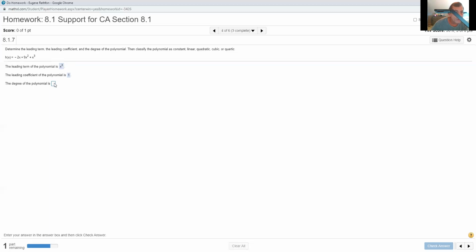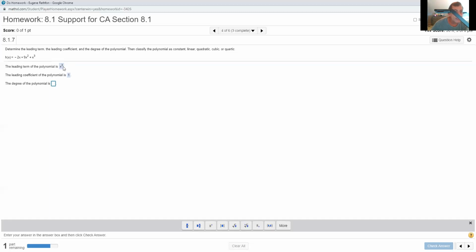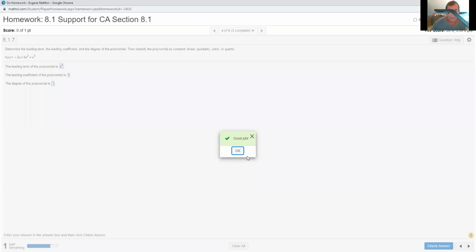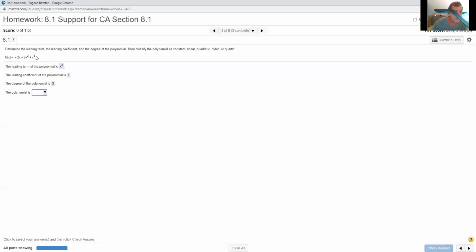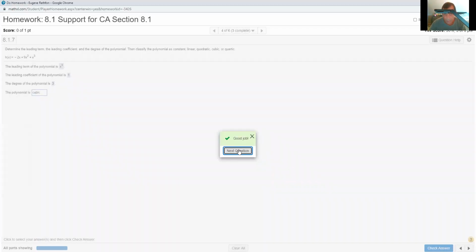Now, the degree of this polynomial, well, if that's the leading term and it's the x to the third, that means the degree has to be the 3. So I would check that, and let's see what they got next. The polynomial with a degree of 3 is going to be a cubic, we said on our chart a while ago. So check that, and we're moving on.